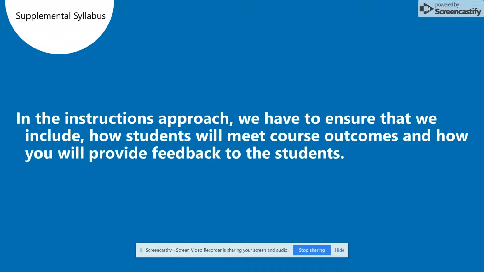The instructor's approach pretty much covers all that information. So if we missed you for some reason, go through your supplemental syllabus and adjust your syllabus to meet these requirements within that section.